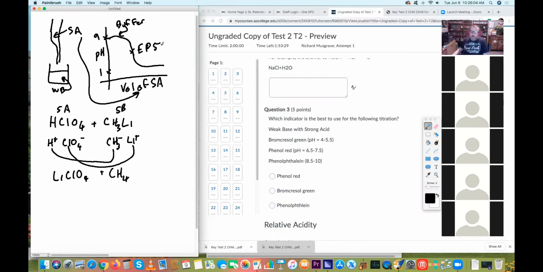So you should probably do a curve for this, and then it would be brom cresol green. That would be your indicator of choice because it brackets the equivalence point. And the equivalence point we get just by taking the average of the starting and ending positions. Any questions about number 3? Generally, people don't have too much trouble with that one.